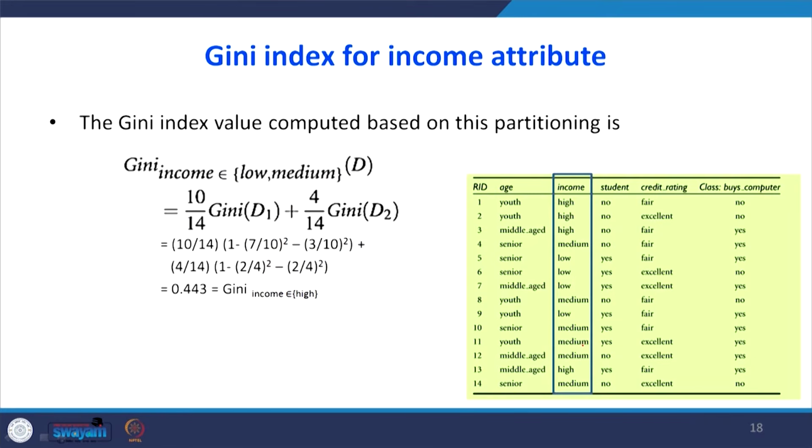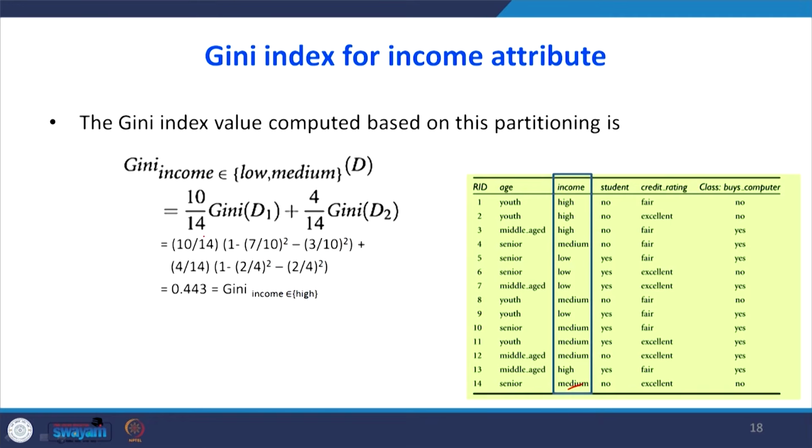Now we are going to compute the Gini index for the income attribute. The Gini index value computed based on this partitioning is, so Gini income belongs to low and medium. So 10 divided by 14. How did we get this 10? When you count low and medium, there will be 10: 1, 2, 3, 4, 5, 6, 7, 8, 9, 10.